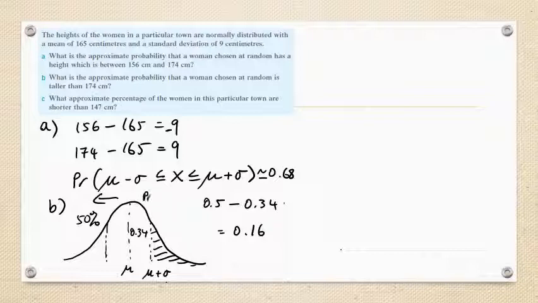So this is the probability of a woman chosen at random being taller than 174. Now you might ask, does it matter whether or not we put an equal sign on? No, it does not. Because remember, with anything that's continuous, we just find the area underneath, and it doesn't change whether or not you are above or below it.